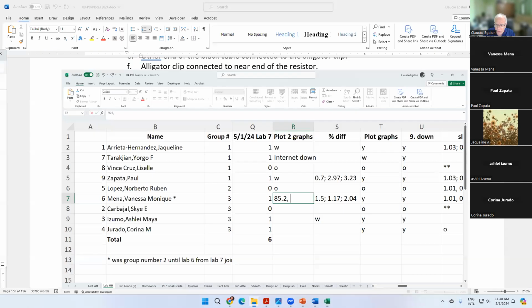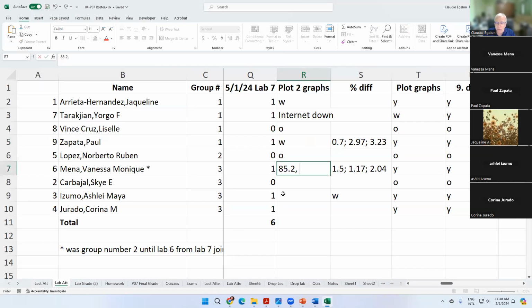The resistance value for that one is 98. Okay, 98 is like 13%. 90.8. Okay, so much better. We're talking about 5%. That's good. And then the other one, you got that third order.